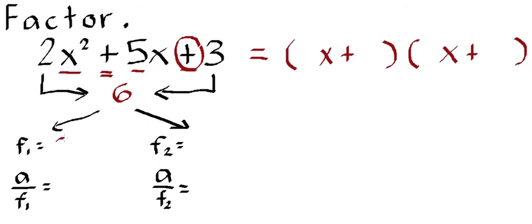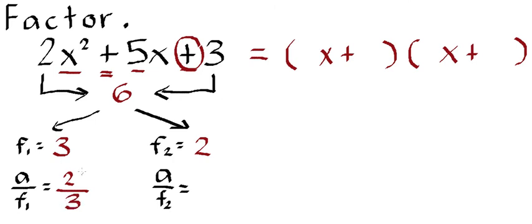Ang ating first factor will be the larger factor at ang ating second factor will be the smaller factor. F sub 1 equals 3 and F sub 2 equals 2. Last step is to find for A over F sub 1 and A over F sub 2. Ang A natin ay 2. So we have 2 over F sub 1 is 3.